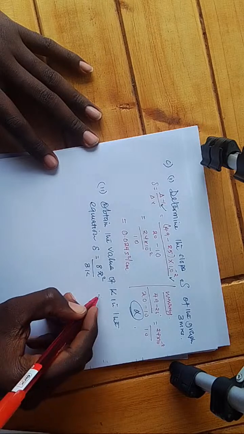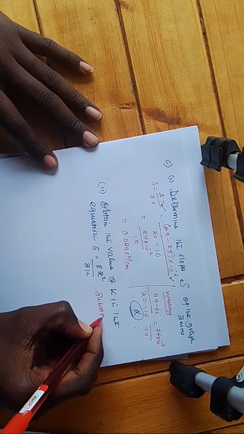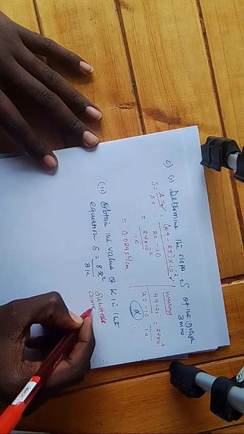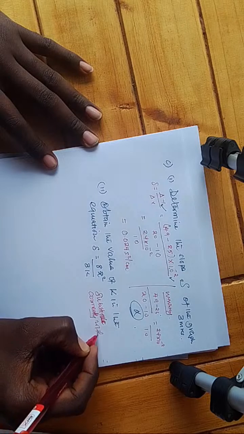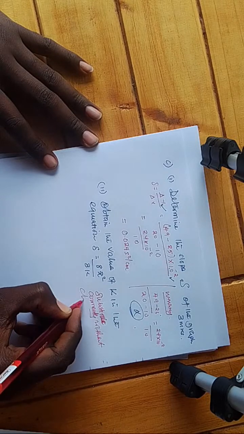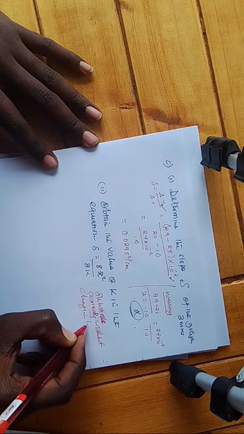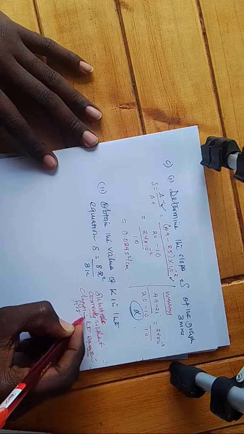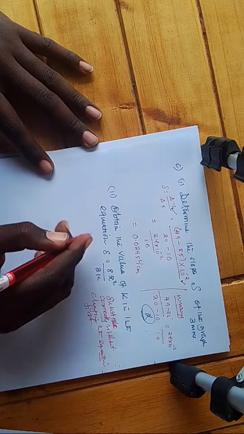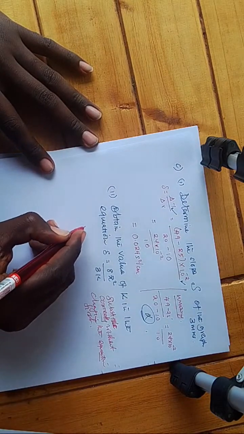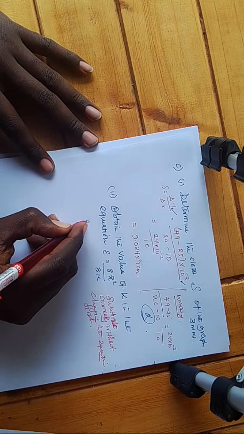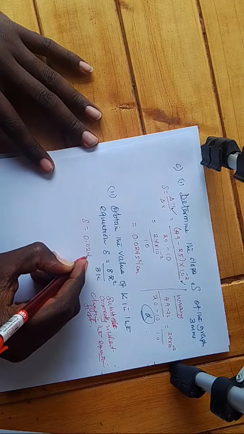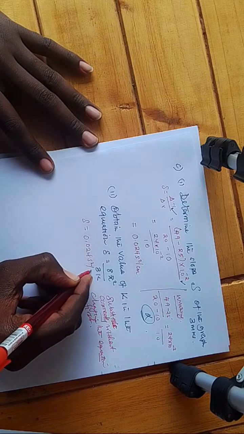substitute correctly without changing the equation first. Therefore, our slope, which is s, is 0.024 s per centimeter.